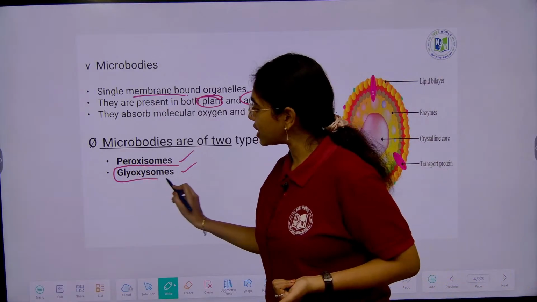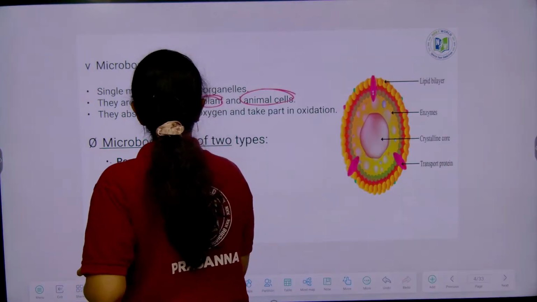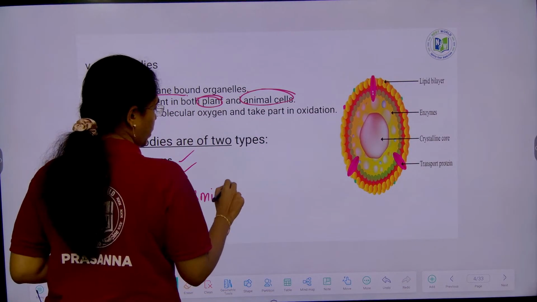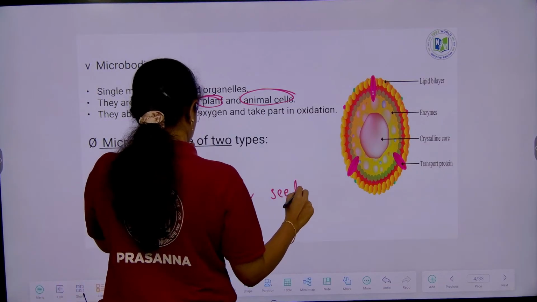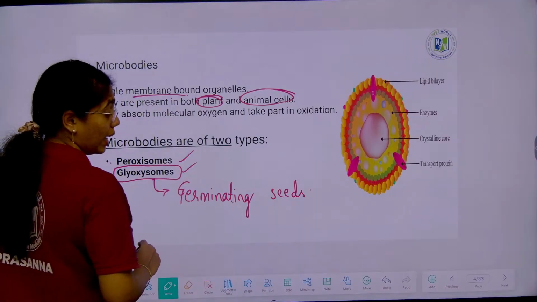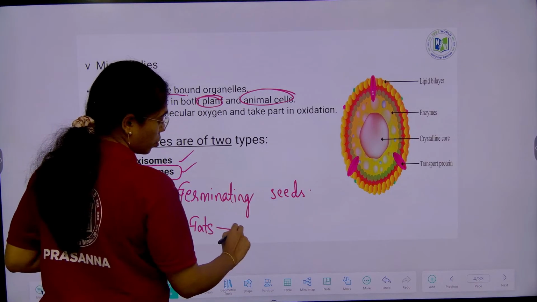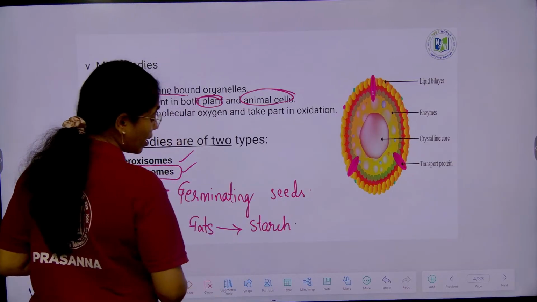Glyoxysomes are one specialized type of peroxisomes which are present in germinating seeds. And they play a crucial role in converting the stored fats to starch via what?